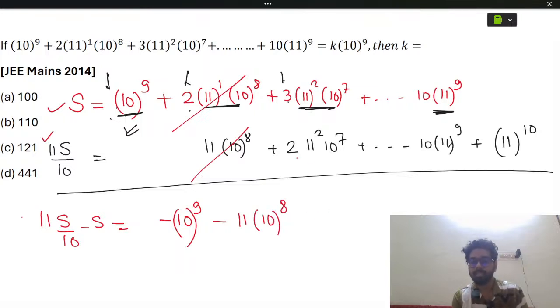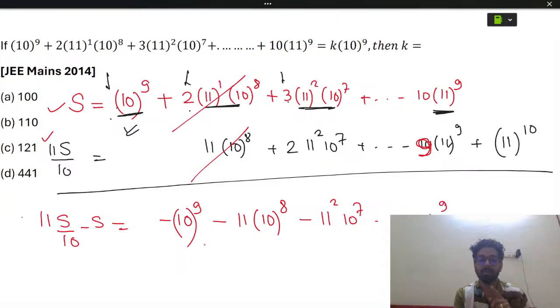This minus this is minus 11 square into 10 power 7, and so on. If you subtract, I guess this will be 11 power 9 then. If you subtract this with this, you will have 11 power 9, and so on.